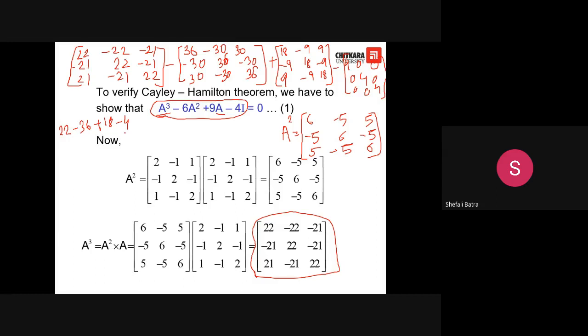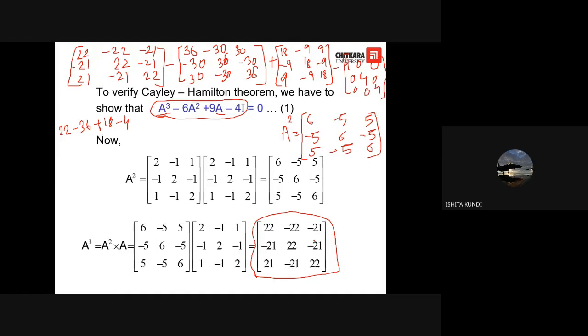Ma'am, there shouldn't be 22 in the second element of first row. Yes, ma'am. Anyone else have done it? Yes, ma'am, it's minus 21. It's minus 21, so it is minus 21, beta.